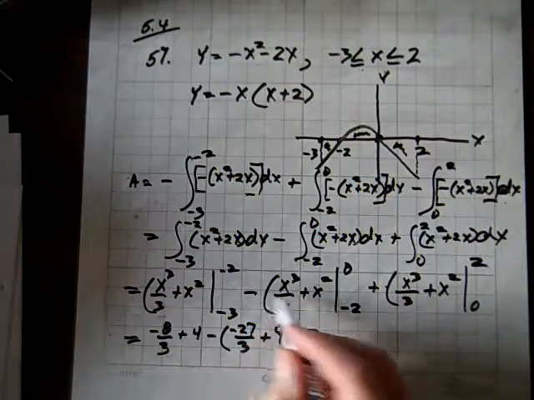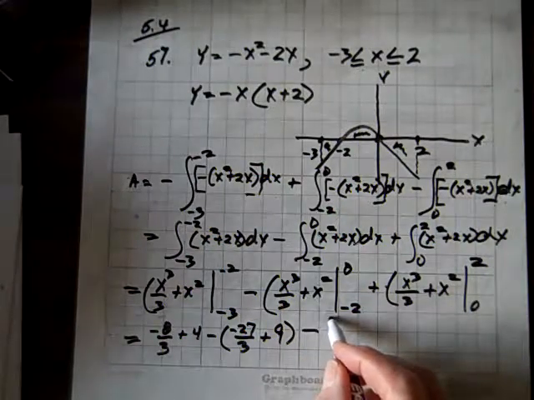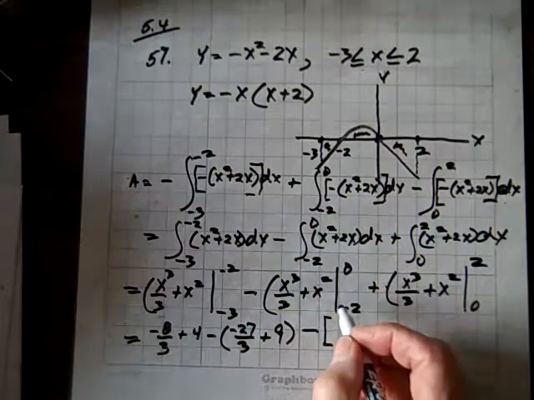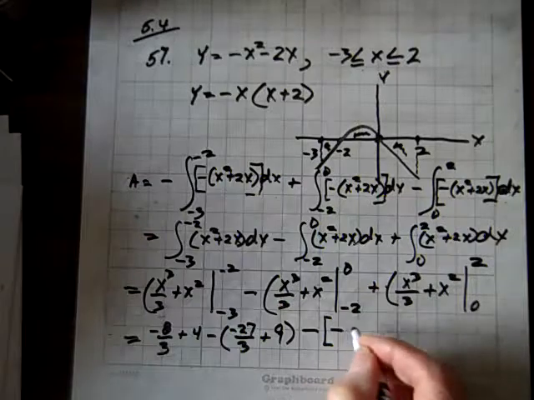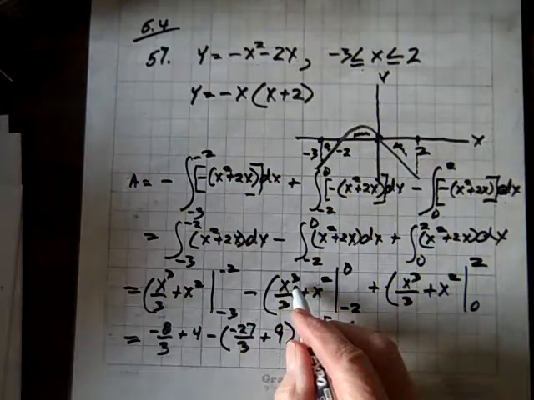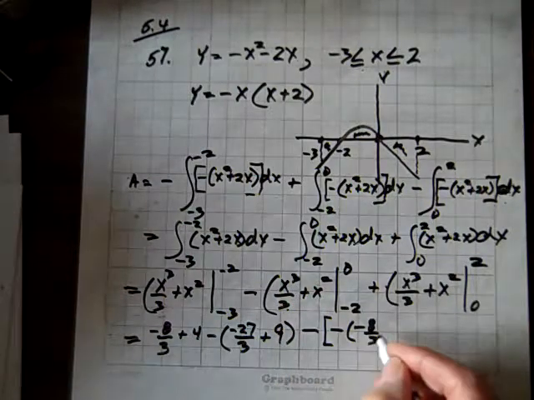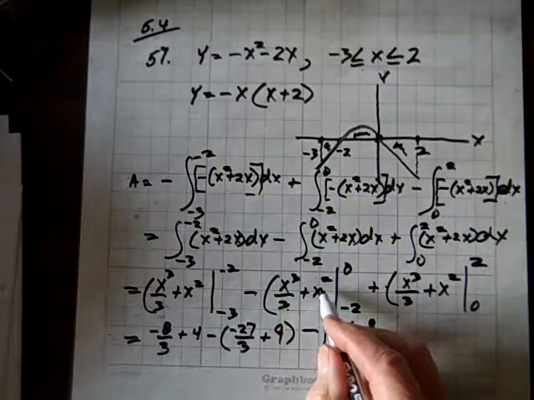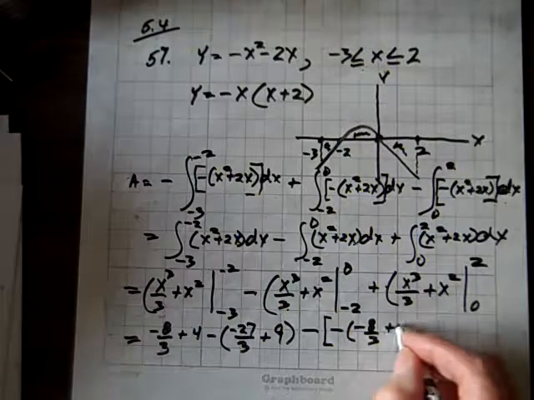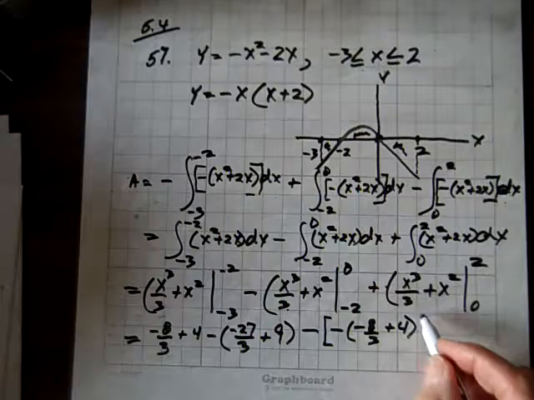Minus, we have a minus sign there, and we'll evaluate for 0, evaluating both these terms for 0, we get 0, then minus, and now replacing x with negative 2, we get negative 8 over 3, plus 4, because negative 2 squared is 4.